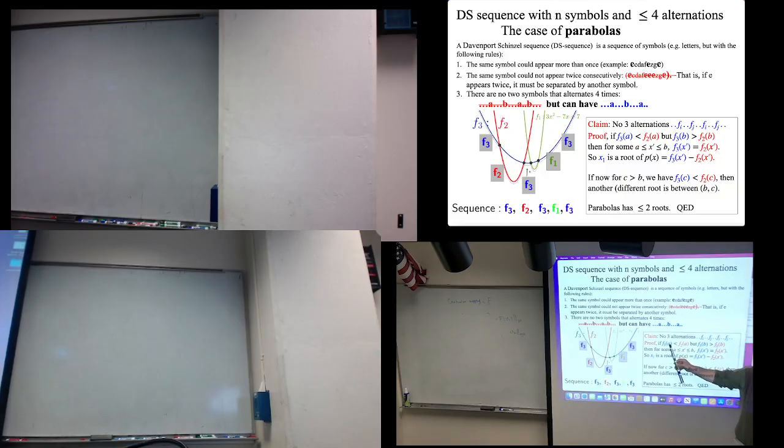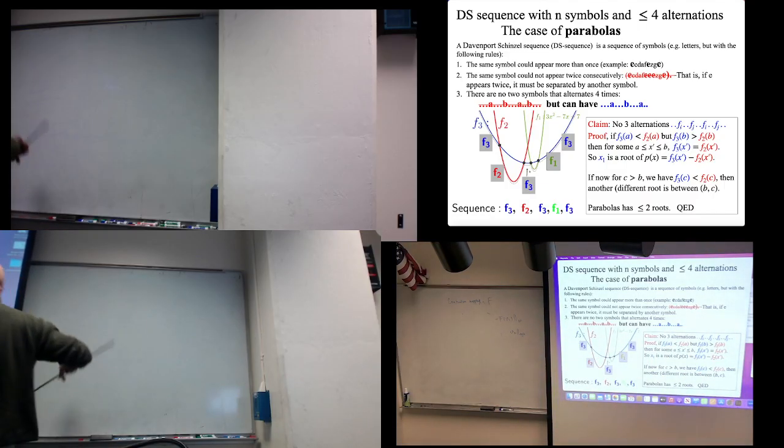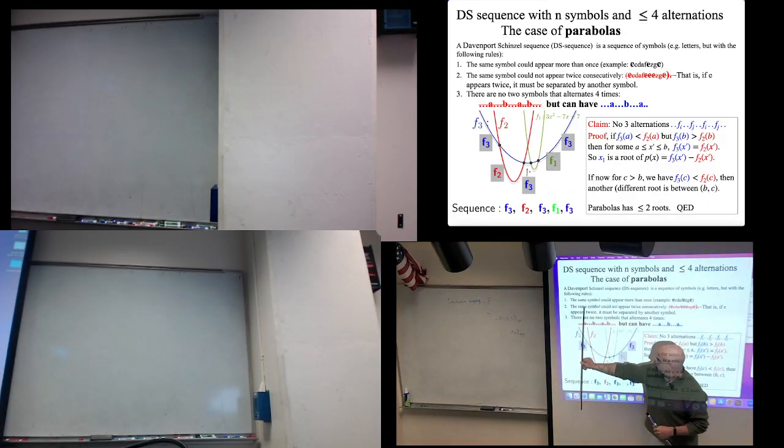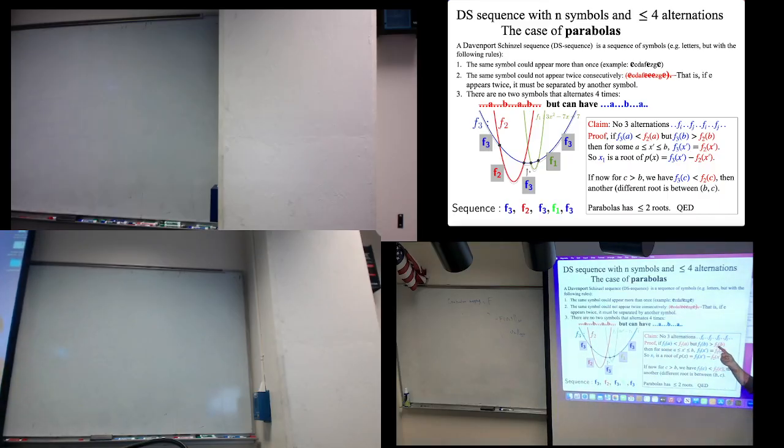Let's assume that for some value of x, call it A, F3 is lower than F2. And as I progress, at some next point B, after A, F2 is now lower than F3.